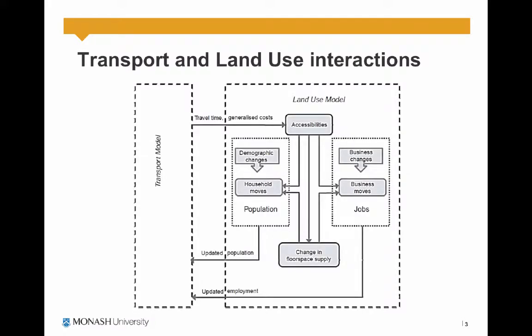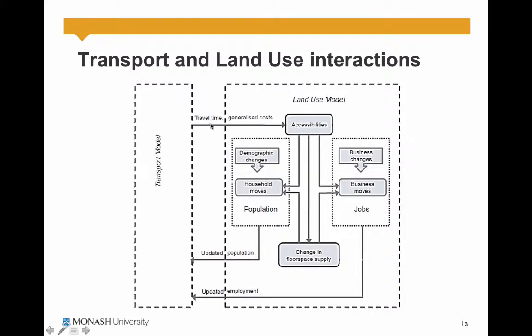Here is a schematic illustration of the interaction between a land use model and a travel demand model, where on the left you see a travel demand model box, and on the right you see a box representing a land use model. One of the first steps in land use modeling is calculation of accessibilities. To calculate accessibilities, as we will talk more about later, you need the travel times from the travel demand model.